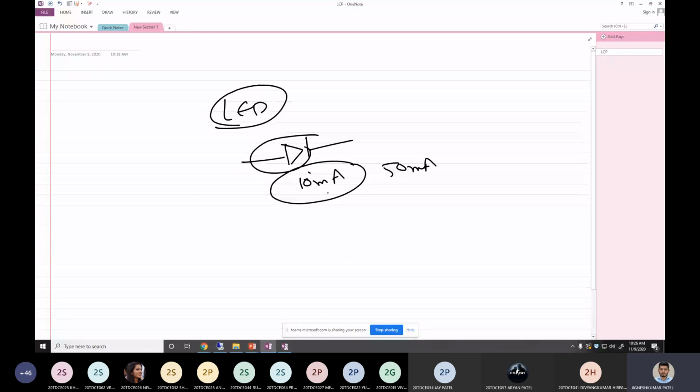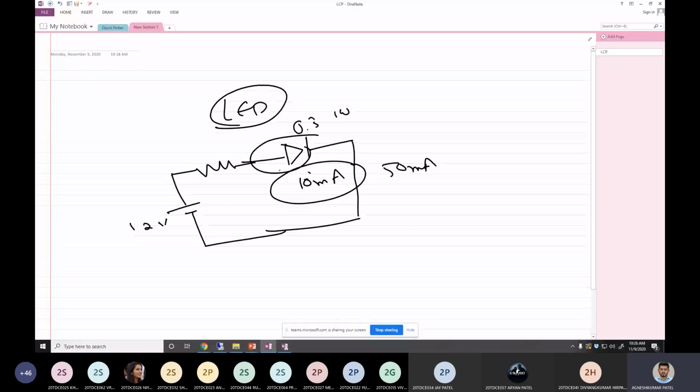So to limit this current, we use a resistor, and we calculate the value of the resistor depending on the circuit. See, this is a very basic circuit. I have one battery. Let us say this is a 12-volt battery, and this is a 0.3 watt or 1 watt LED.